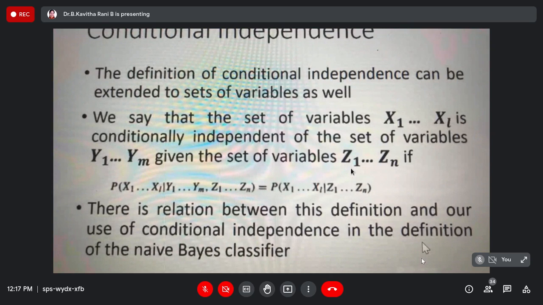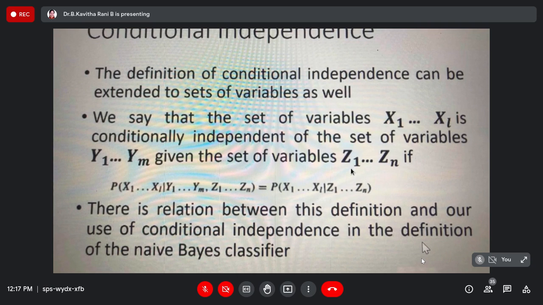So in the Naive-Bayes classifier, if you take an example, sky is conditionally independent of another instance attribute, that is humidity, given the target variable, playing tennis, on that particular day, if it is yes. So in the Naive-Bayes classifier we used conditional independence.